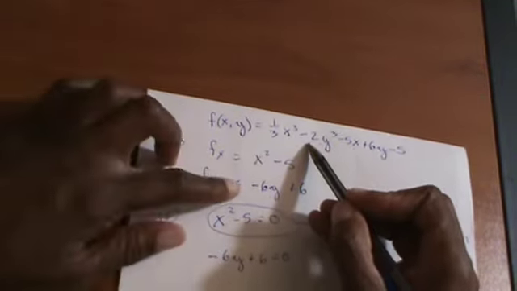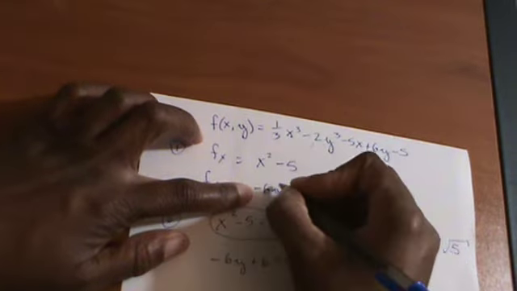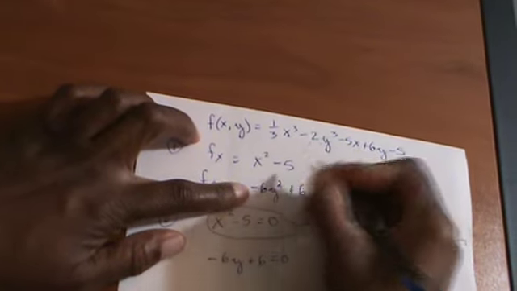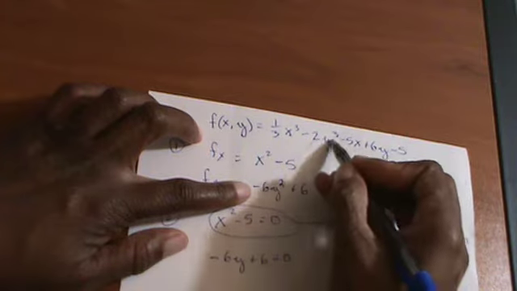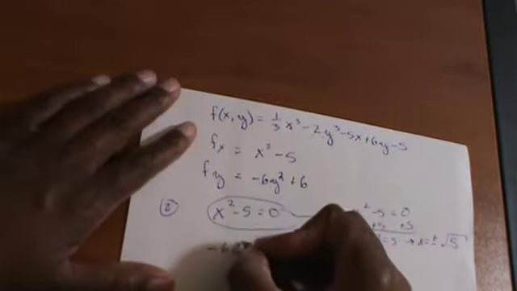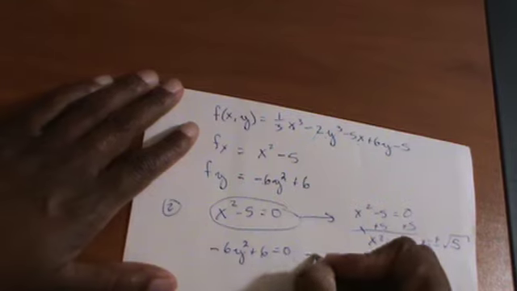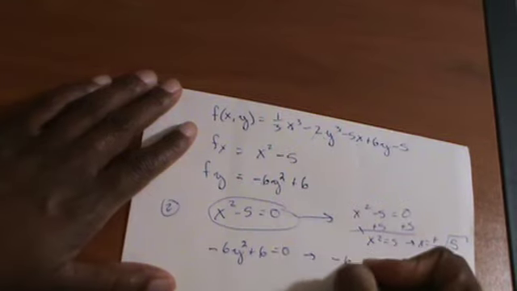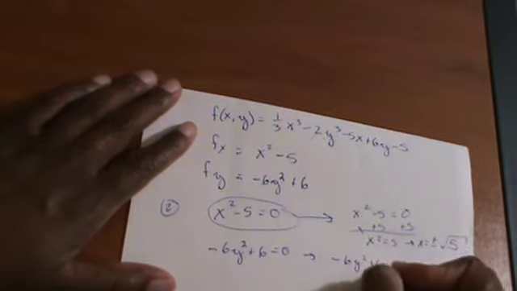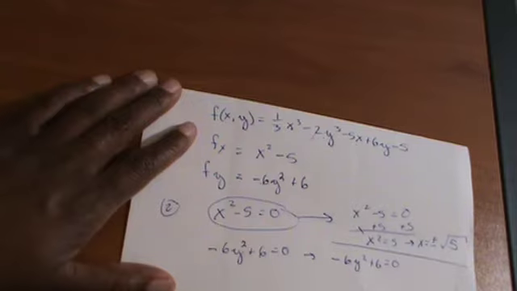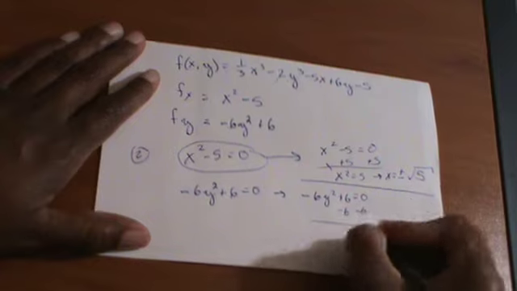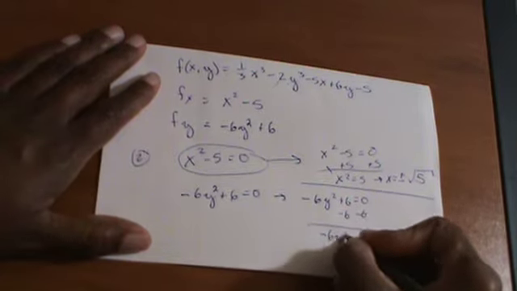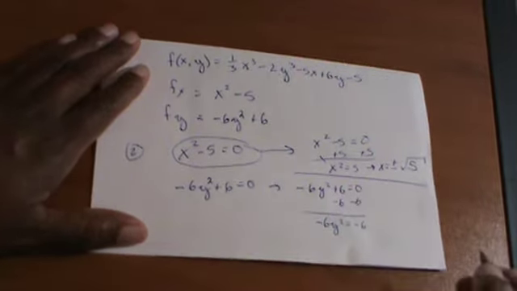The derivative of this is not -6, but it's -6y squared, right? This 3 comes down, that makes that -6, and this should be 1 less power of y. So let me change this. So let's see, -6y squared plus 6 equals 0, like that. Subtract 6. -6y squared equals -6.